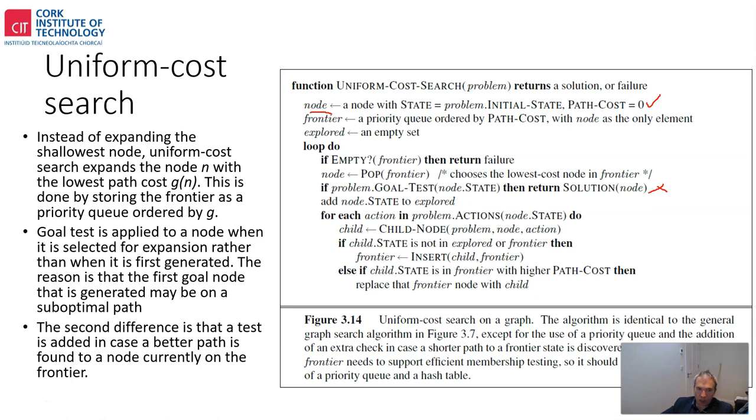For each action in problem action node.state, again our actions include our links between Arad to the other cities. So we define child nodes to our frontier on that basis. Well, first we generate the child node, then we check to ensure that it's not in the explored set or the frontier already. Then we add it to the frontier. Okay?